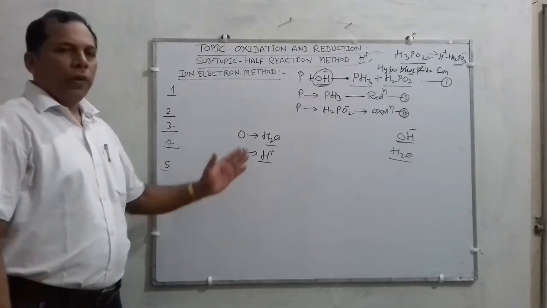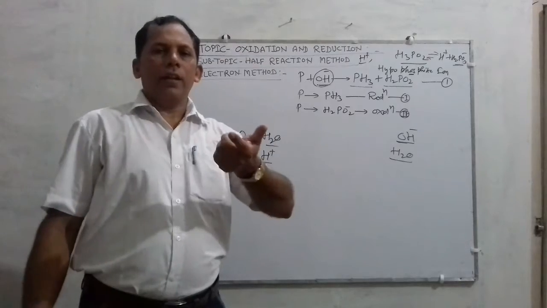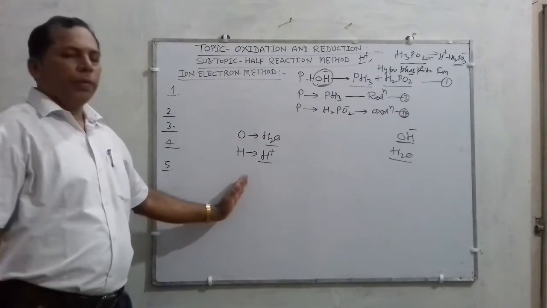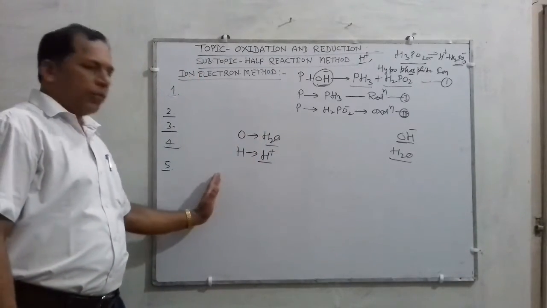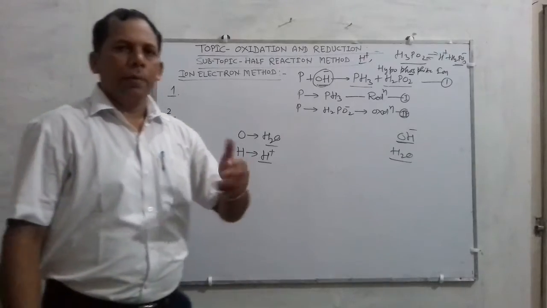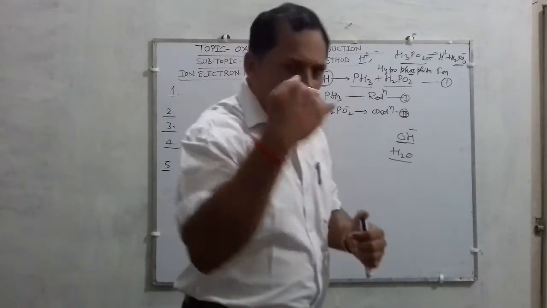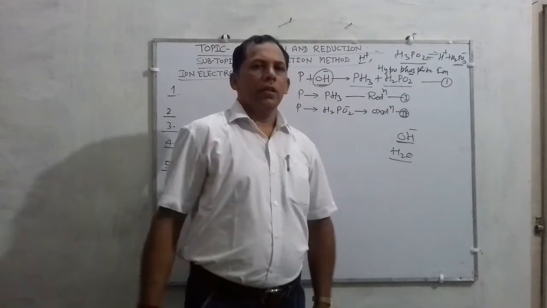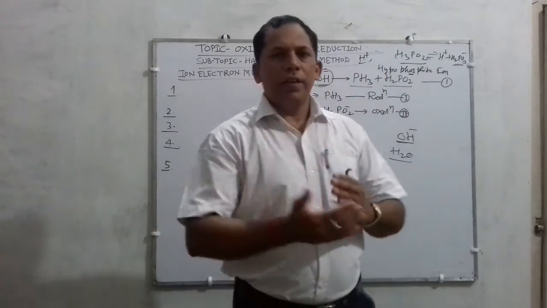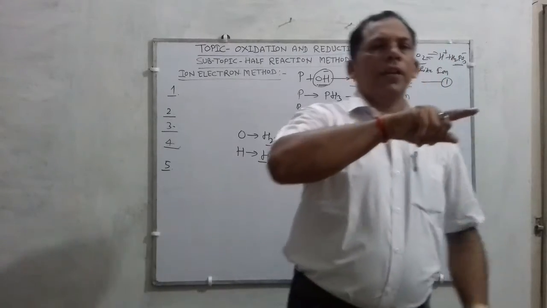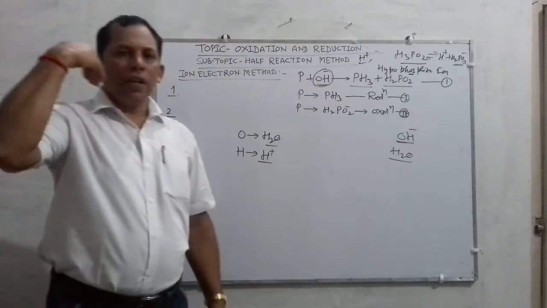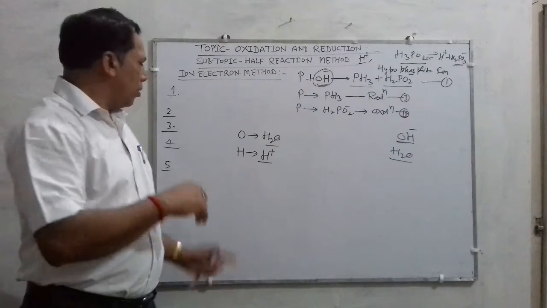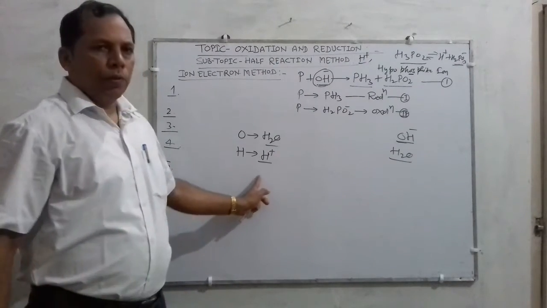But if anions are in excess in any half reaction, then the same number of electrons are added on the reverse side. So this is the fifth rule.